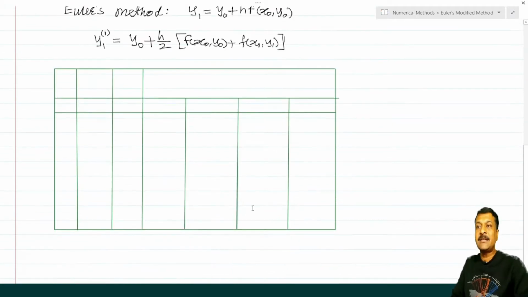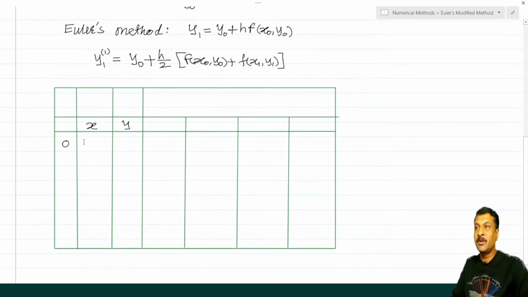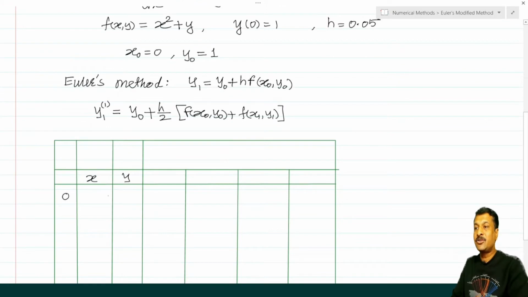So what is this table? In the table, here is the position, here the x value, here the y value. Here x equals the initial value, that is, I will say 0. So x0 is what? You can say here the suffix x0 is 0, y0 is 1. Then I want the next value with h equal to 0.05.